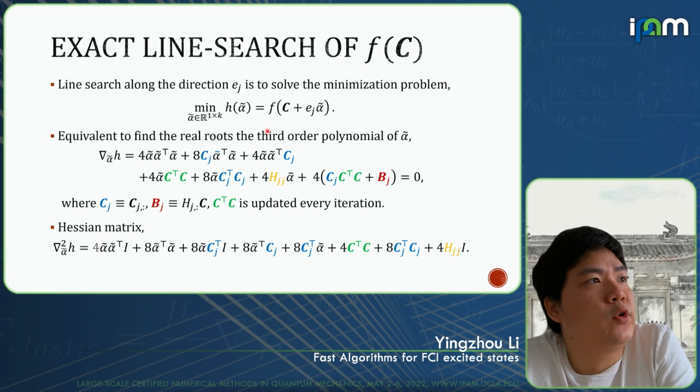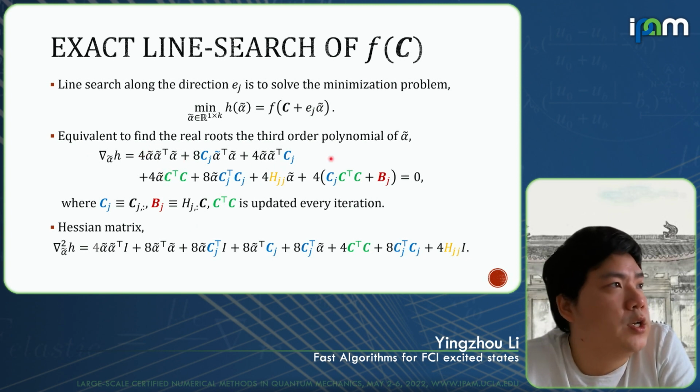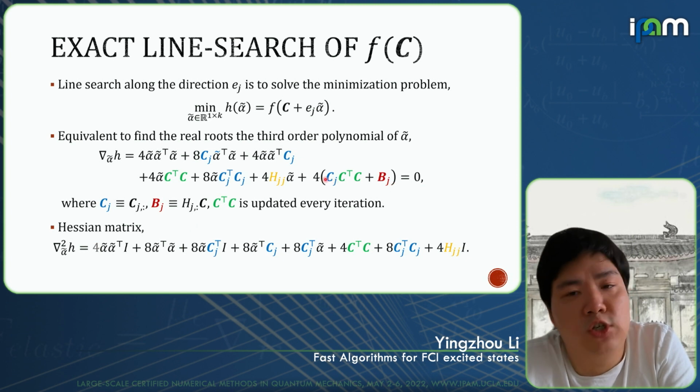And for this problem, we can write down the gradient and the Hessian. The gradient admits this form. And why do we color those coefficients? Because all these coefficients can be evaluated efficiently. For this third order polynomial, we know the coefficients at order k cost.